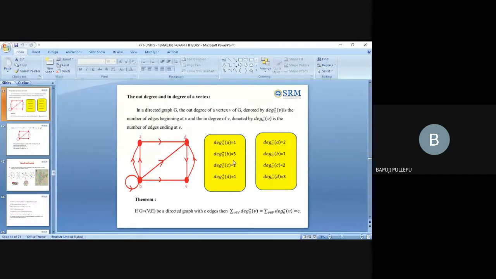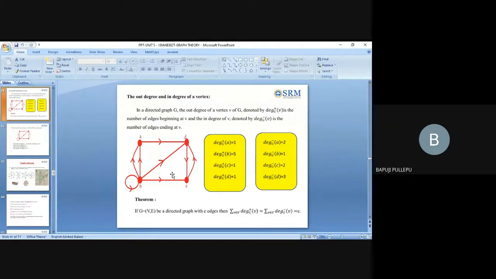Similarly, degree of B is what? 5. How do we get 5? It's going out: 1, 2, 3, 4. One loop is there. Correct? A loop you can take in 2 directions. Degree plus of B is 5. Then degree minus of B is also 1. Any doubt?